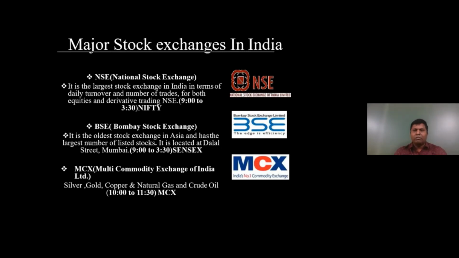Of course, the exchange takes care of trading, clearing and settlement activities, but the depositories also take part in clearing and settlement. Under NSE, we have NSDL, National Securities Depository Limited, and under BSE, we have CDSL, Central Depository Services Limited. We call these two the depositories. These depositories help the broker, the investor and the exchange keep the shares in electronic format.